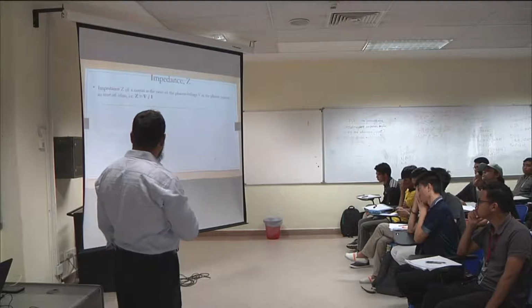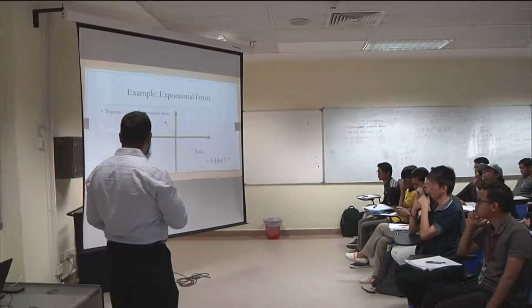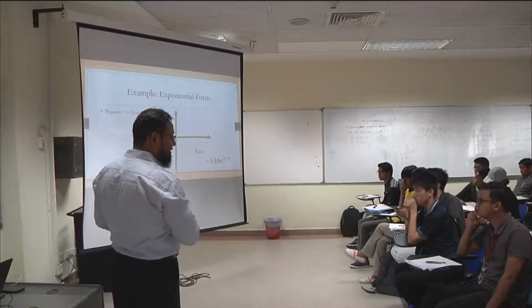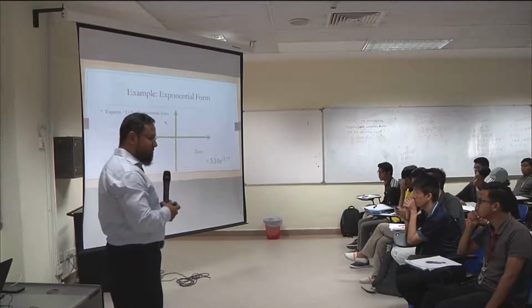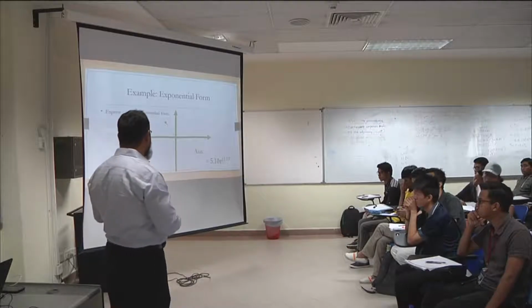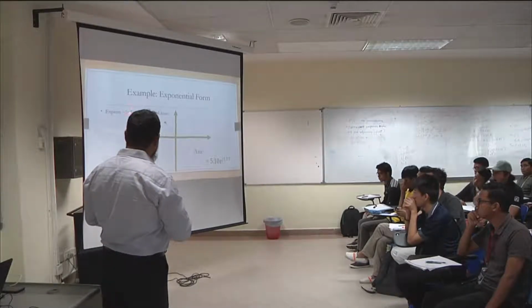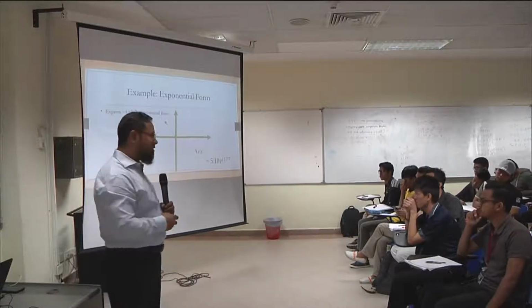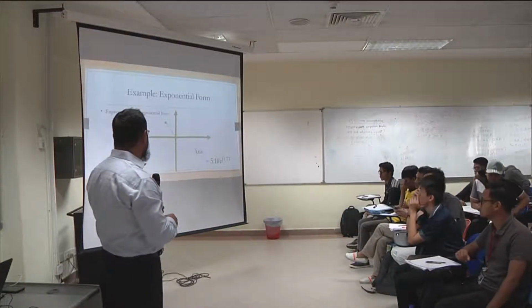So another way to do Euler identity is basically, the easiest or the direct way to convert a phasor, whether it's in rectangular form or in polar form, to exponential form is to take the angle.